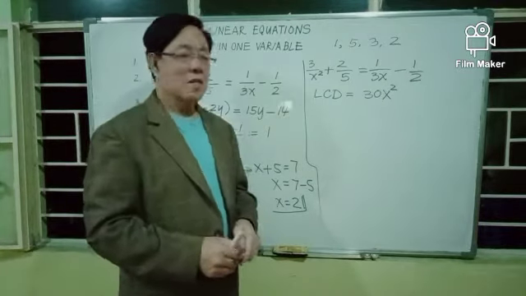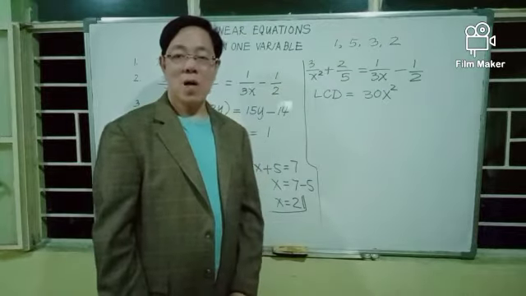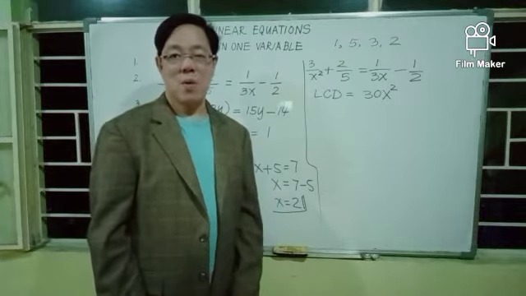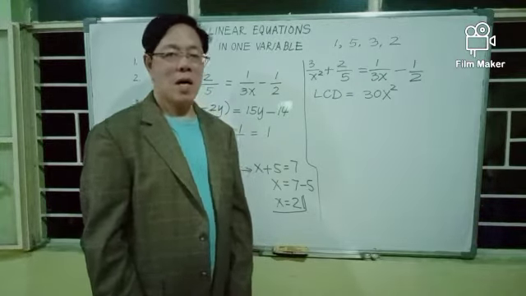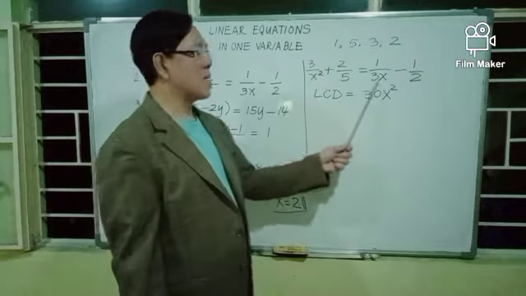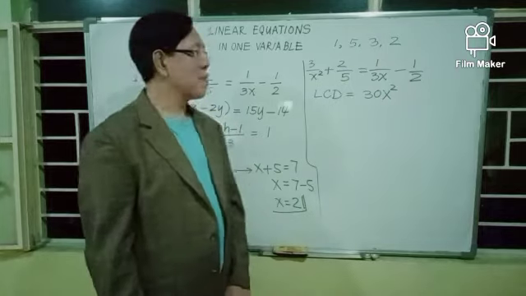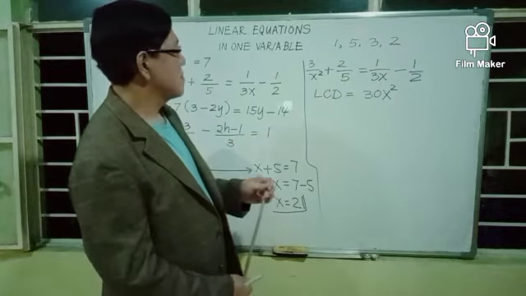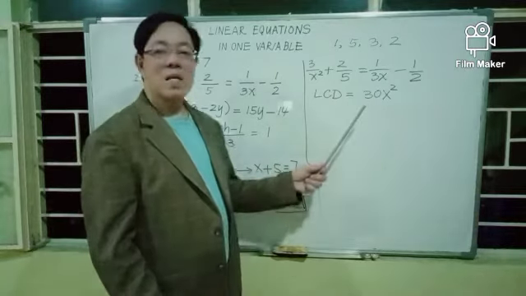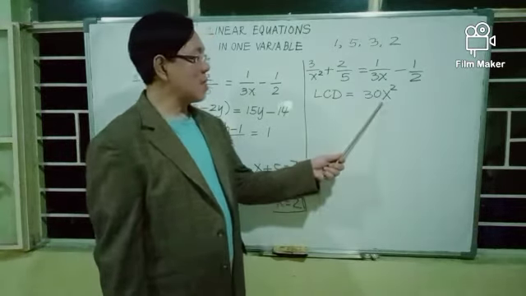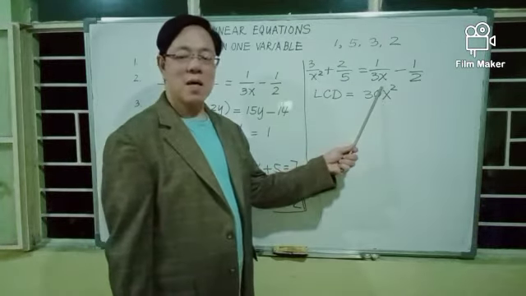If the variable x appears in the denominators more than once and with different exponents, you take the highest exponent of the variable x, as in this example, x squared and x, and the higher exponent between 2 and 1 is 2. Now, why did we take x squared? Because x squared can be divided by x squared. x squared can be divided by x.